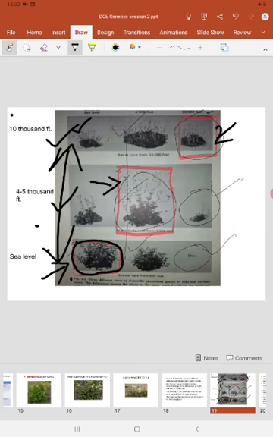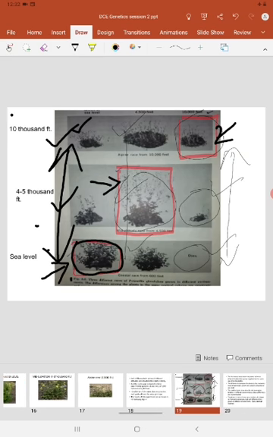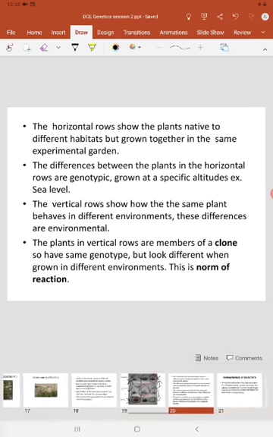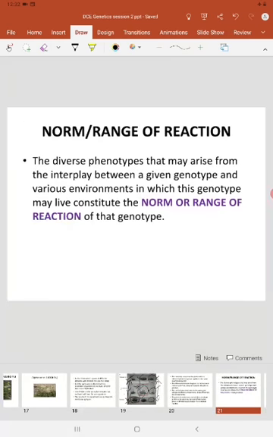So they have the same genotype in these three plants. The variations which result because of the environment are called norm of reaction, or the range of the reaction.